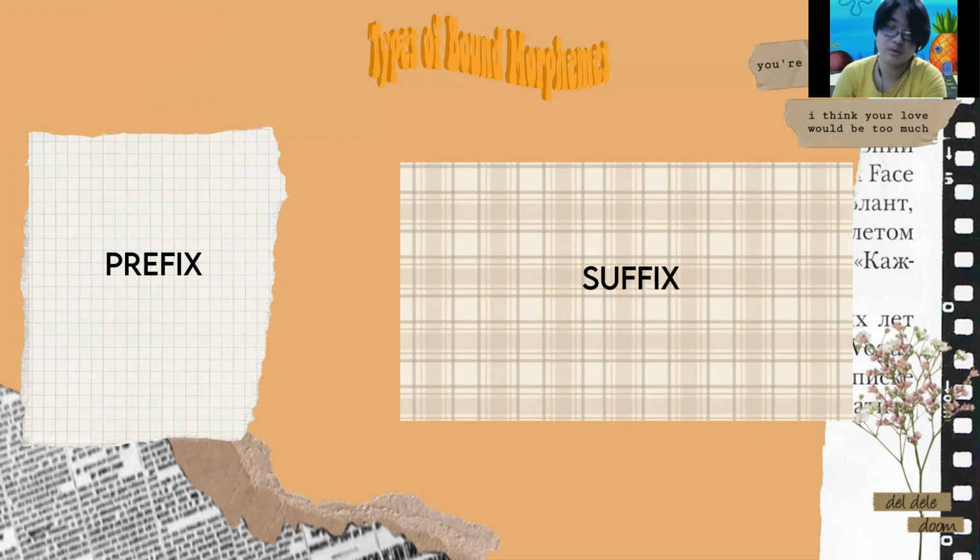For example, in Indonesian, we also have several combinations of morphemes such as tikus kantor, which literally means office mouse. But when we translate it into English, it doesn't literally mean office mouse.